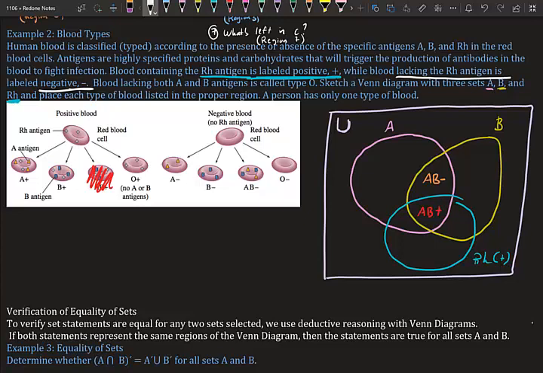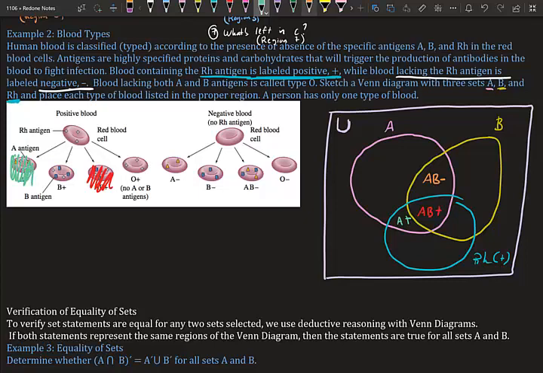All right, now I'm going to go to region 5. So, region 4. In region 4, that's where A meets Rh. Where A meets Rh, that's A positive. So we used A positive, let's go ahead and cancel it out.